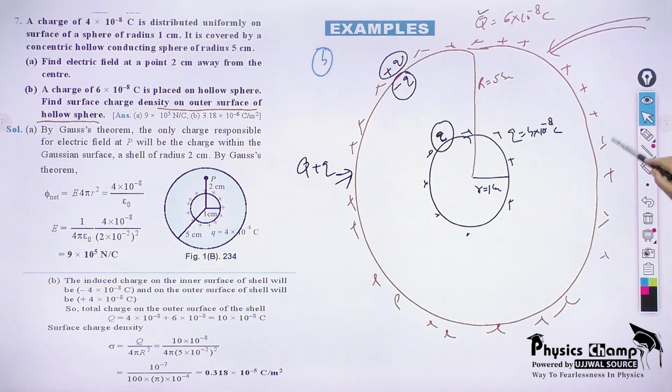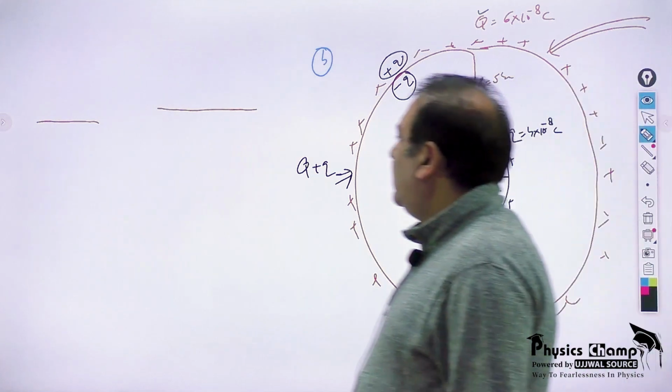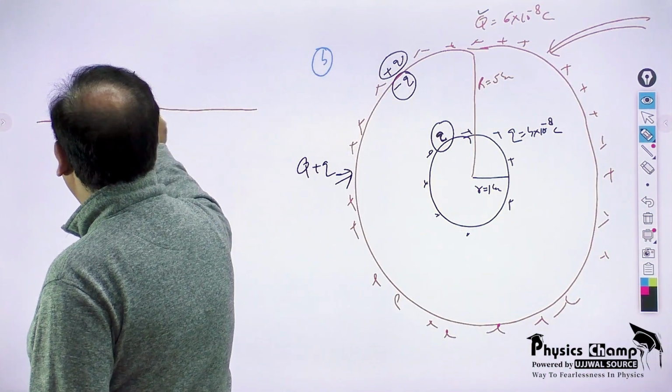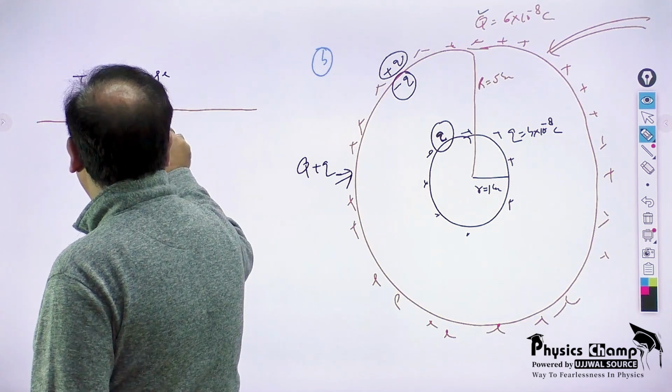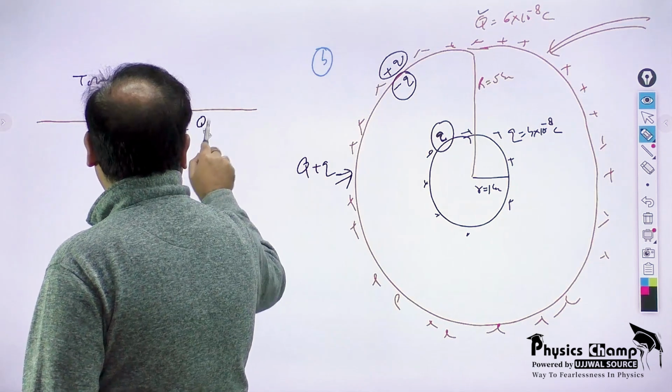So if I am looking for density on the outer surface, or charge density or total charge at outer surface, it will be Q plus q.